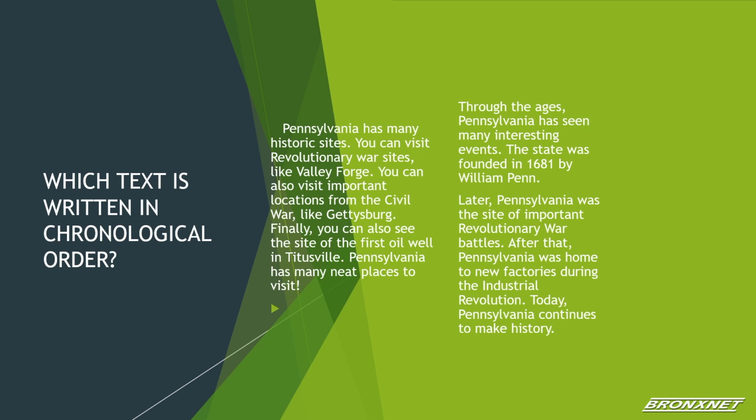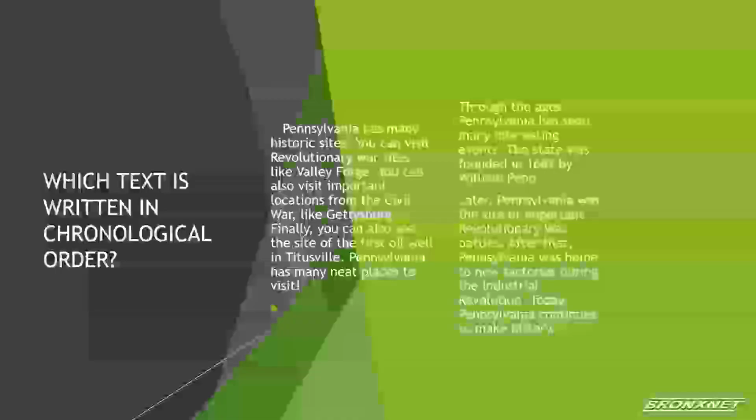Through the ages, Pennsylvania has seen many interesting events. The state was founded in 1681 by William Penn. Later, Pennsylvania was the site of important Revolutionary War battles. After that, Pennsylvania was home to new factories during the Industrial Revolution. Today, Pennsylvania continues to make history.